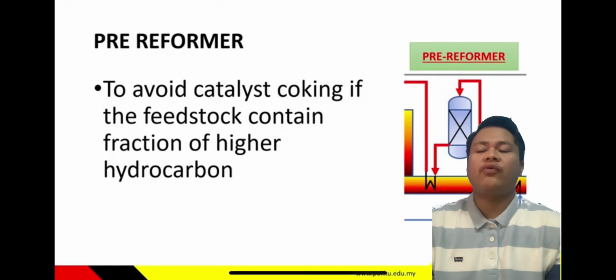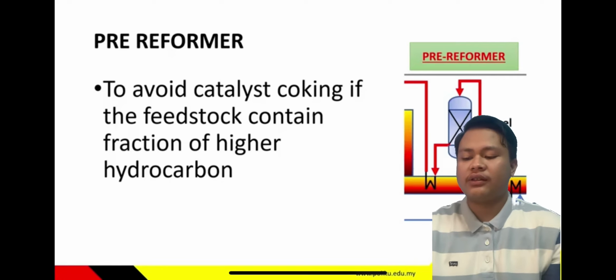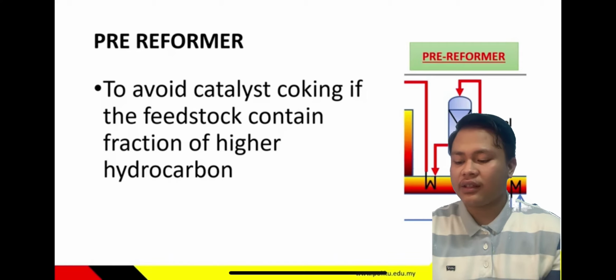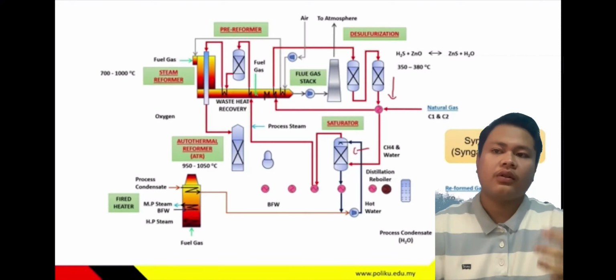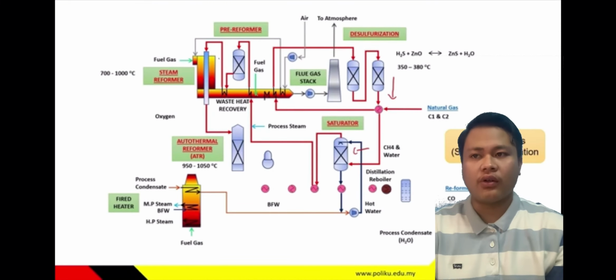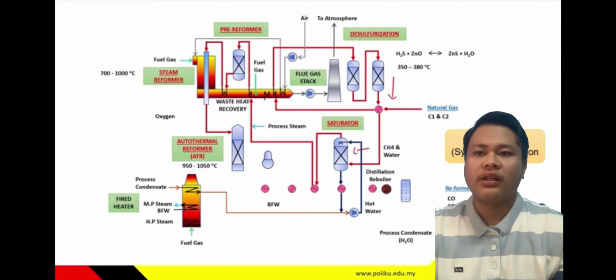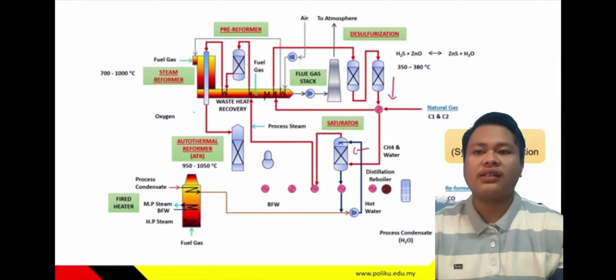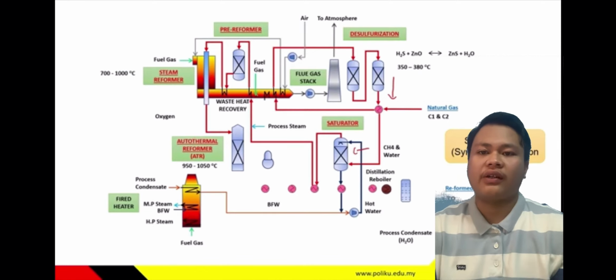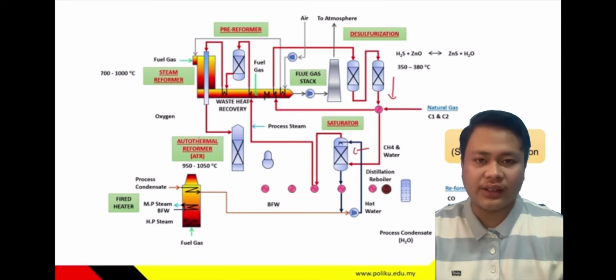At the pre-reformer there are two reactions. One is methanation, and the second is the water gas shift reaction. Let's focus again on the flow. After the pre-reformer, it is heated up into the steam reformer. After the reaction at the steam reformer, the natural gas goes to the ATR for the production of syngas.